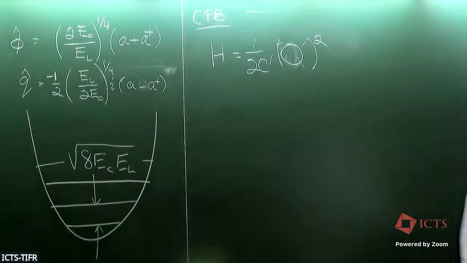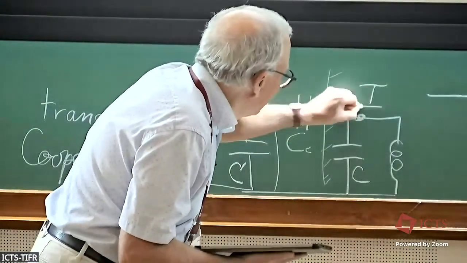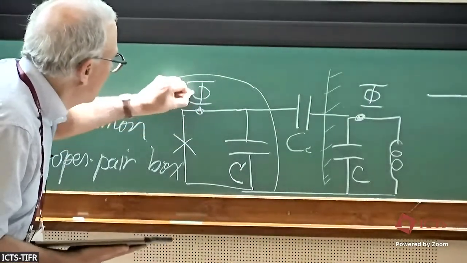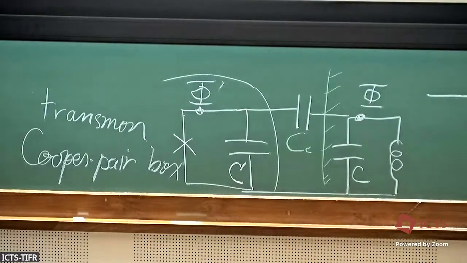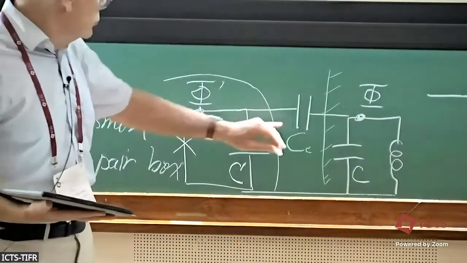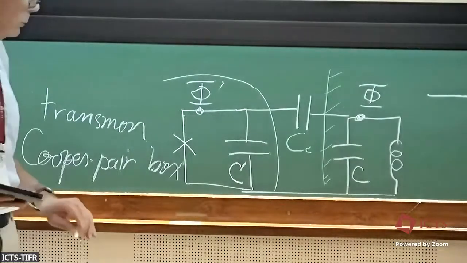The variables are a phi here, and a phi prime here. And for the complete circuit, I will not need any more degrees of freedom. All that will happen is I need to incorporate the energy of this coupling capacitor.